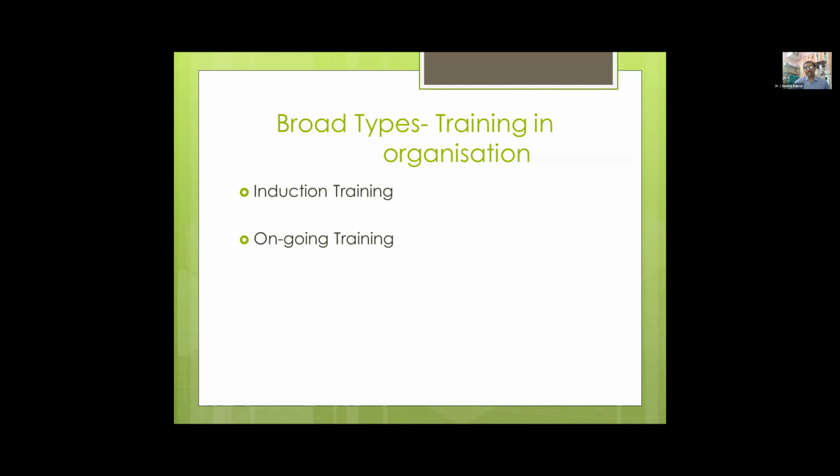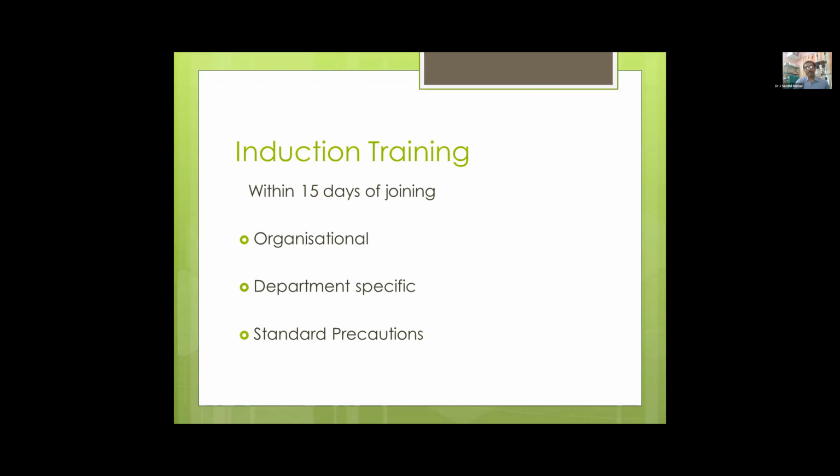Training in an organization can be of two broad types. First is induction training, followed by ongoing training. Induction training has to be done within 15 days of joining the organization. The training involves organization-related training, department-specific training and training in standard precautions.